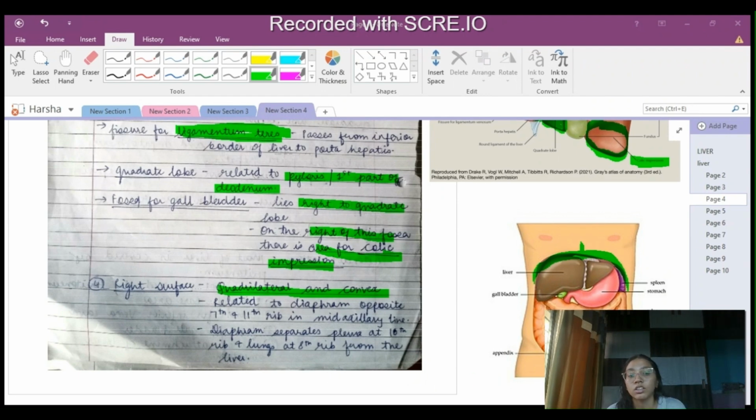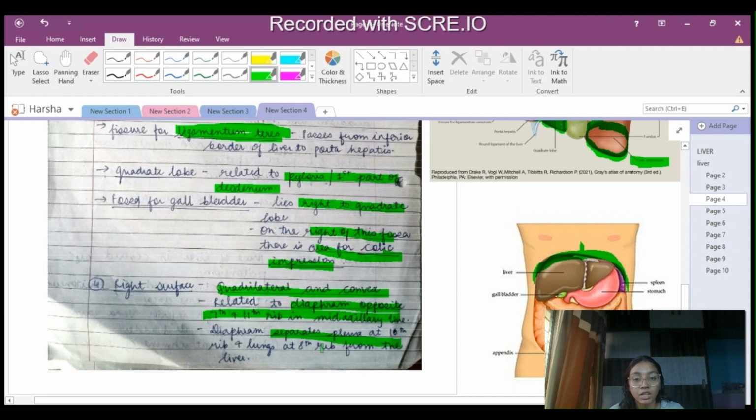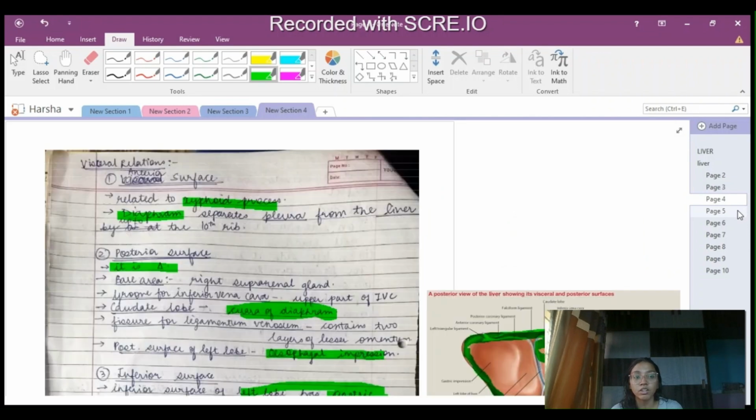Fine. Then it is related to the diaphragm, opposite to the 7th and 11th rib in the mid axillary line, and the diaphragm separates the pleura at the 10th rib and lungs at the 8th rib from the liver. Okay, so this is all about the relations of the liver.